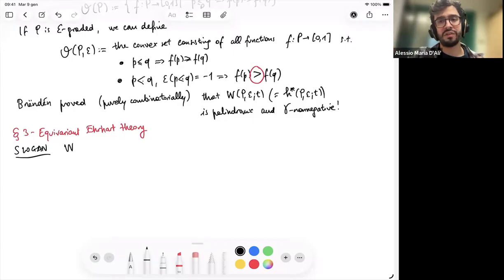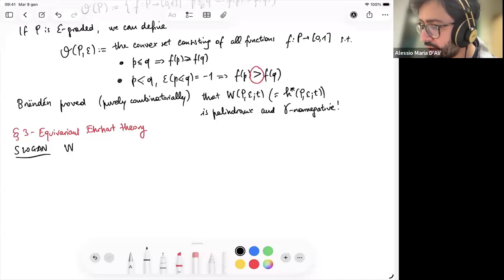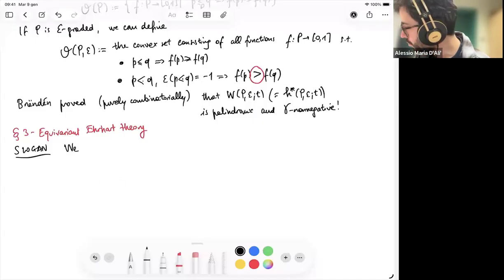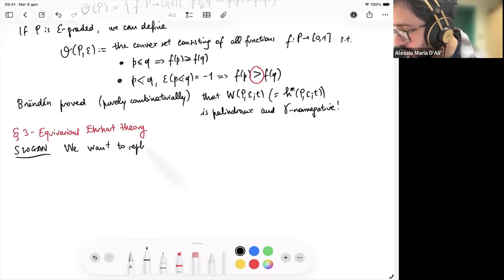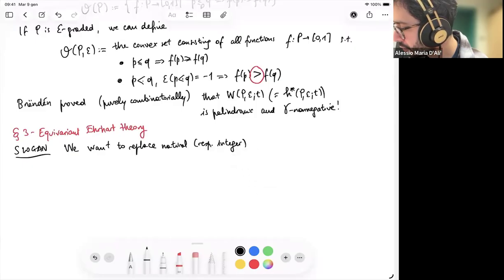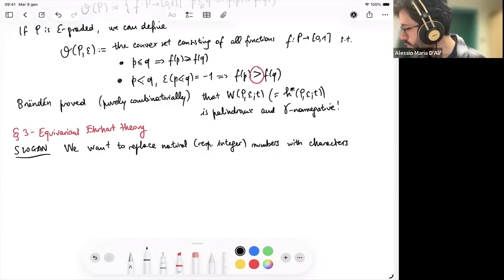And so the natural way to do this is using characters. I'm going to give a very brief idea of what this means. Instead of using natural or integer numbers, I want to use characters of some finite group.